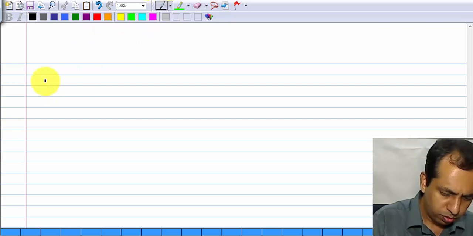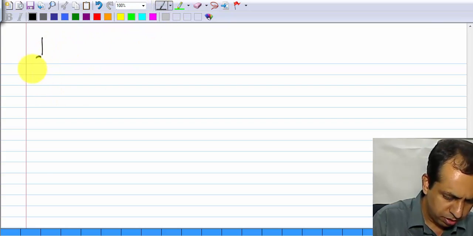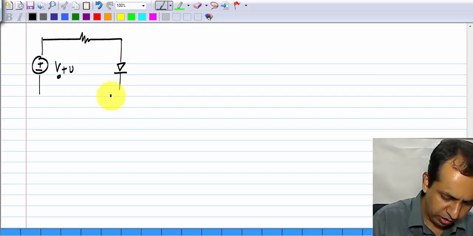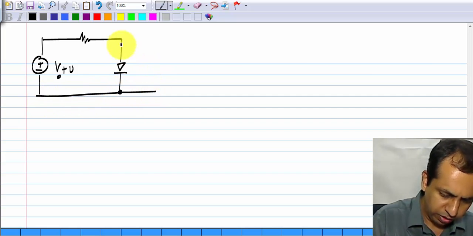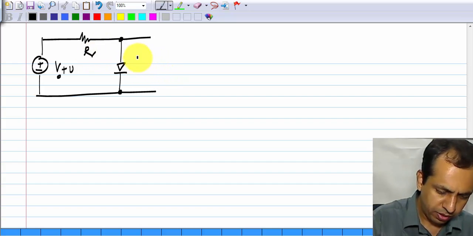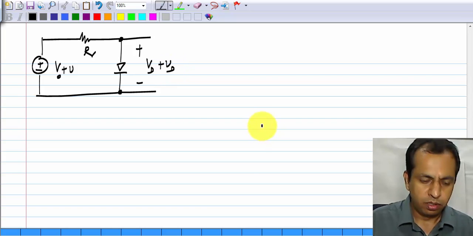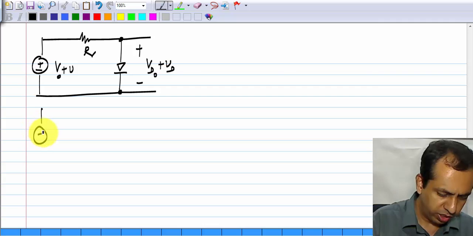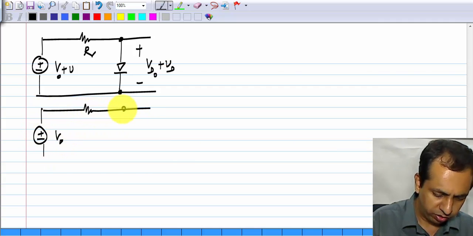So, what do I do? My original problem was to calculate the solution to this. Where this V0 comes from the operating point. That is, I have already calculated the solution for V0.